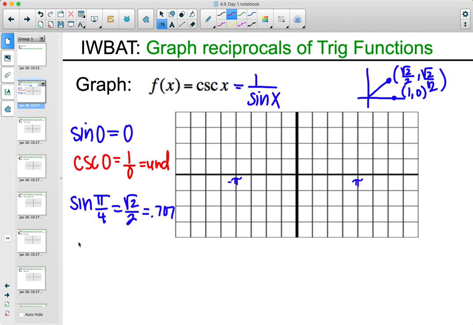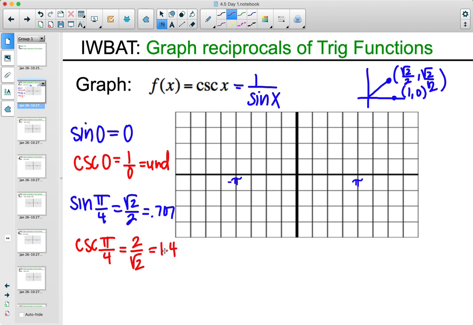So if we take a look at cosecant of the same value, pi over 4, we would just flip this over. So it would be 2 over square root 2. So the decimal version of that is 1.4.